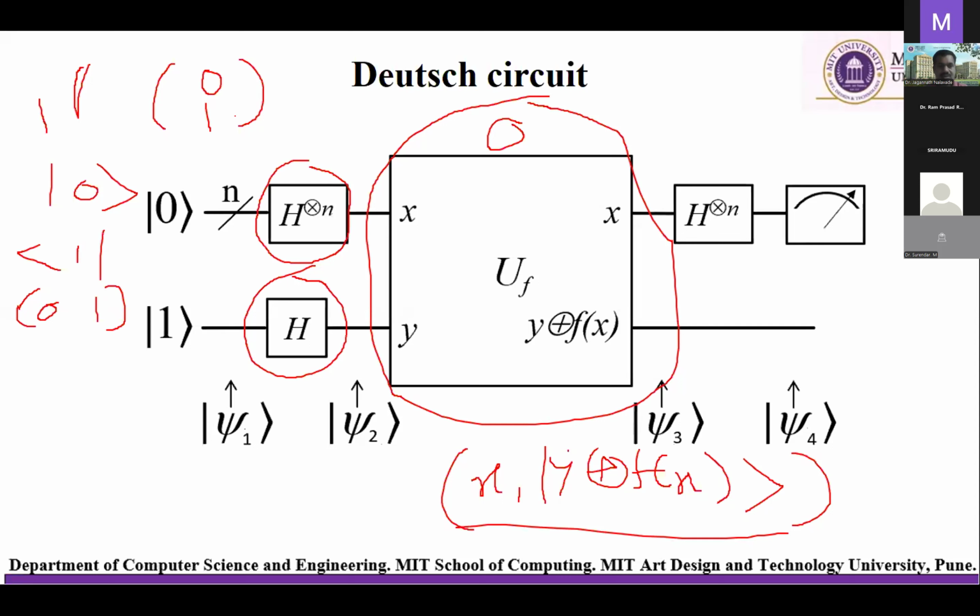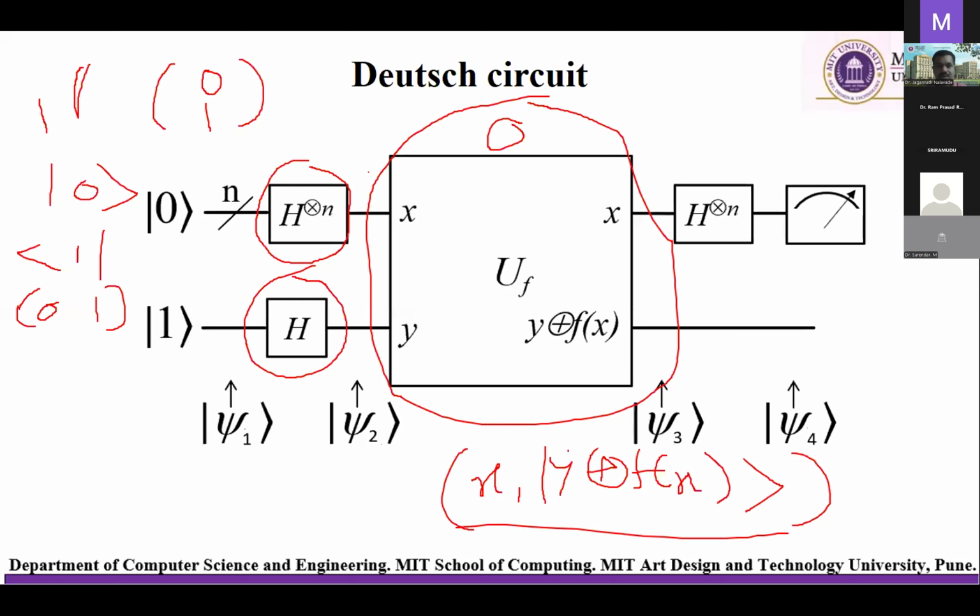So we can convert the column vector to the row vector representation, and the row to the column vector representation. Here we are passing ket 0, this is ket 1, and n number of inputs are there, and this is the Hadamard gate.